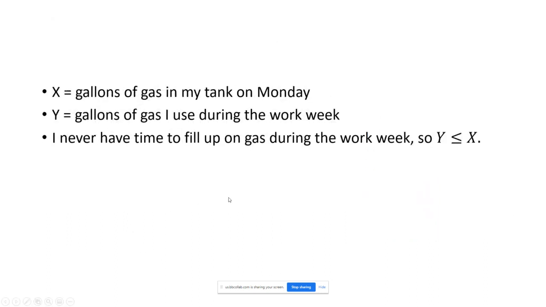All right, so let's try a more complicated example. Suppose that x is the number of gallons of gas in my car's tank on Monday, and y is the number of gallons of gas I use during the work week. And I never have time to fill up on gas during the work week, so y is always less than or equal to x, because I can't use more gas than I start the week with.